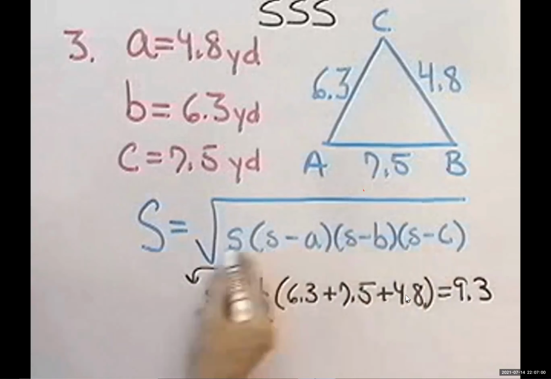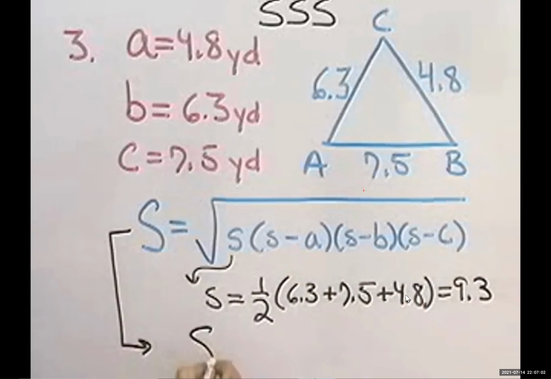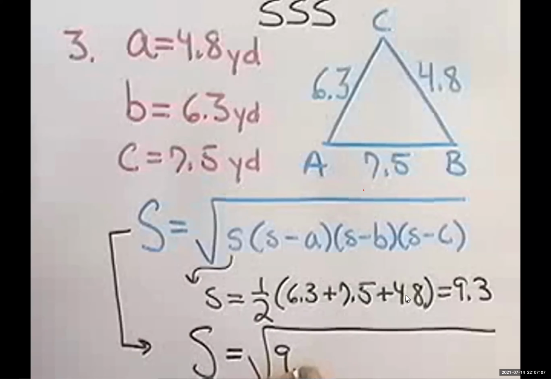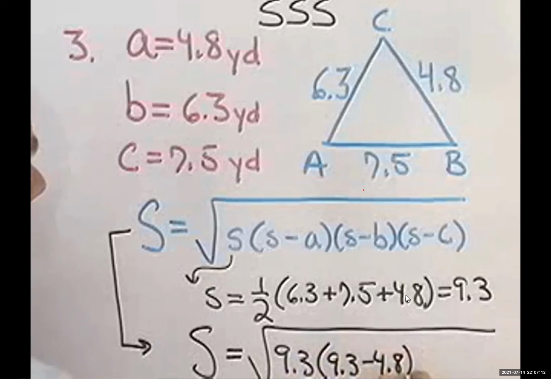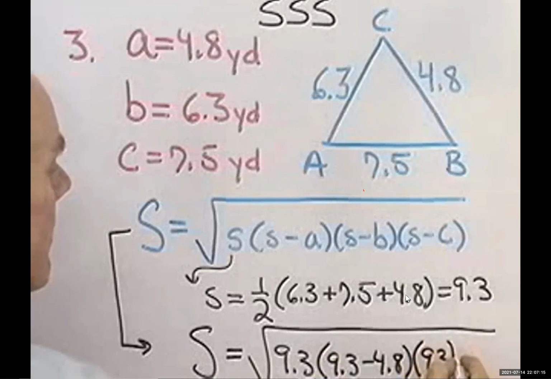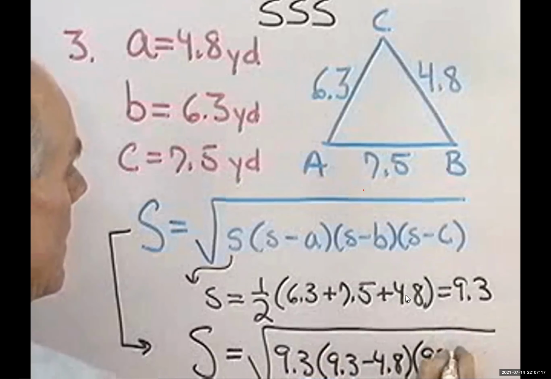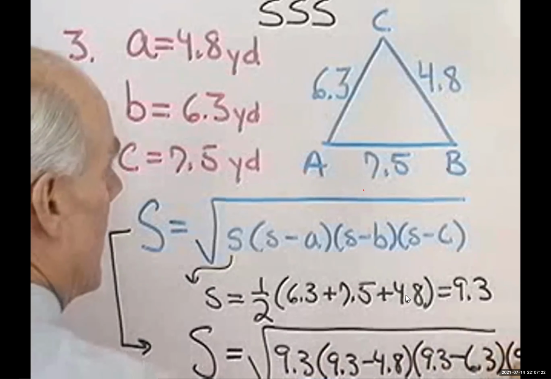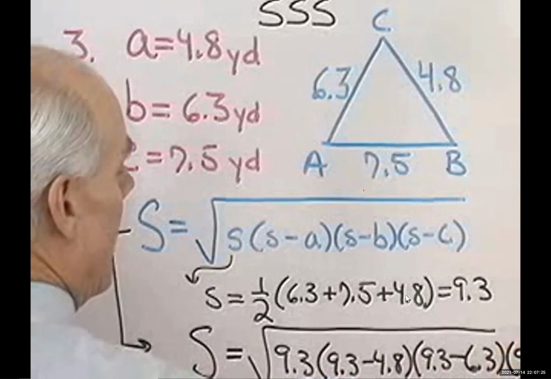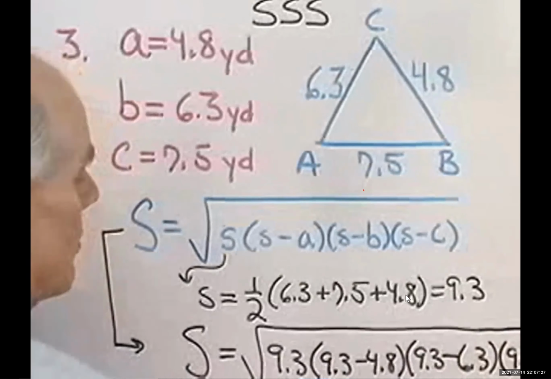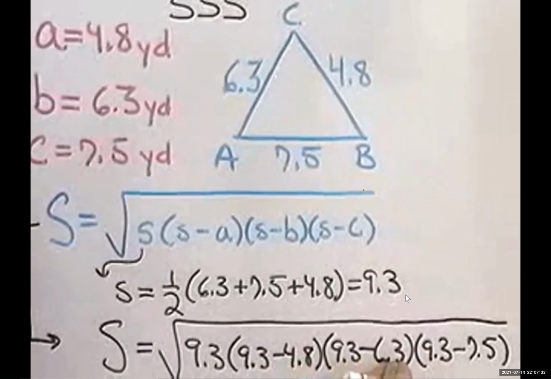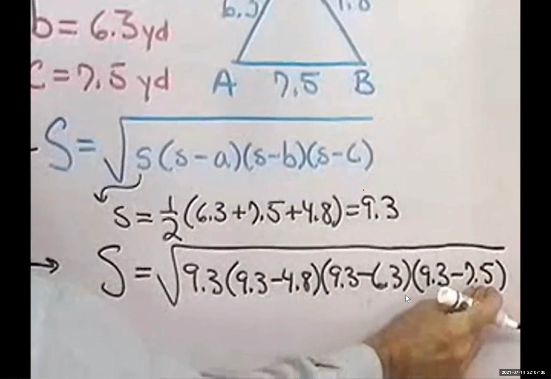Now I can substitute that into this formula and get big S is equal to the square root of 9.3 times 9.3 minus 4.8, 9.3 minus 6.3, and then 9.3 minus 7.5, all that square root. So I have half the perimeter times that number minus one side, that number minus the next side, that number minus the third side. So it's a real simple formula.